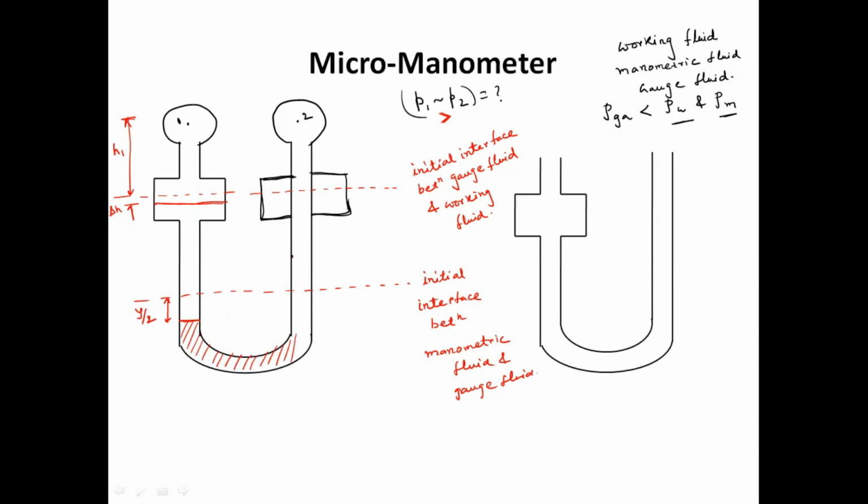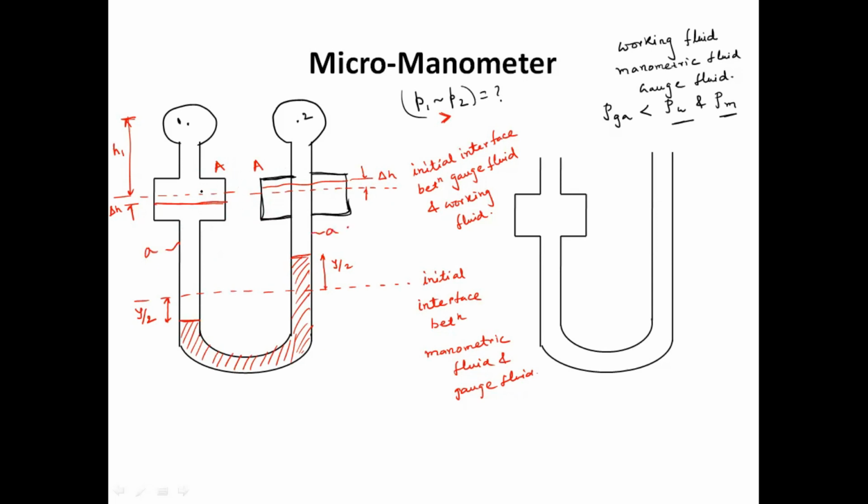So the manometric fluid height will rise here by Y, by the same way. Now it is the new manometric fluid zone. And the gauge fluid level will rise here also by delta H. In the right hand column, delta H will rise. Why? Because this area is A, this area is A, both are the same, and this tube diameter is small a, this tube diameter is also the same small a.